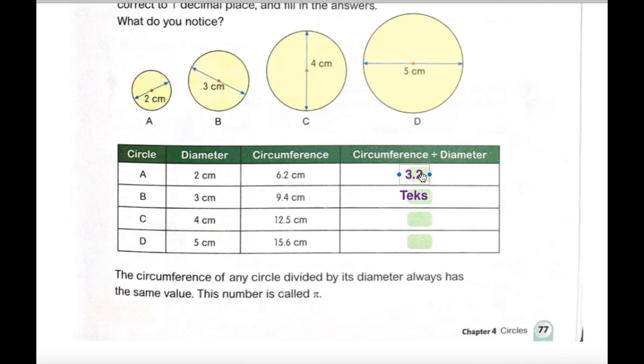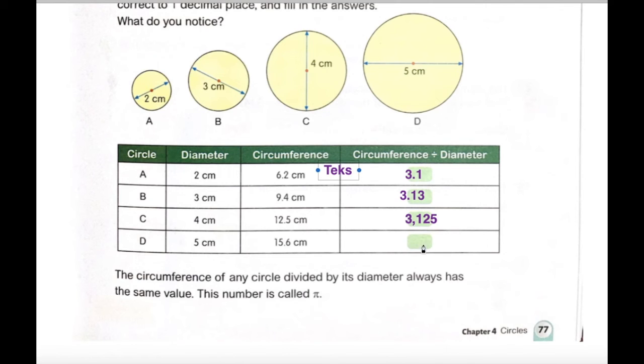Oops, sorry, this should be 3.13. And here, 12.5 divided by 4, it will be 3.125.